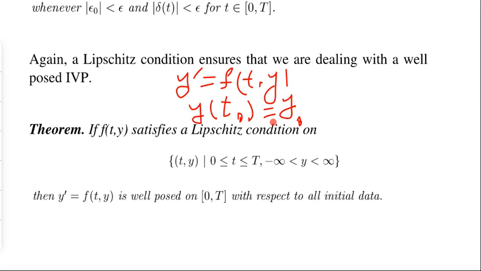If we have the Lipschitz condition for function f, then our problem will definitely be well-posed. So, if you have an initial value problem, you just need to check the right-hand side function f to prove this problem is stable.